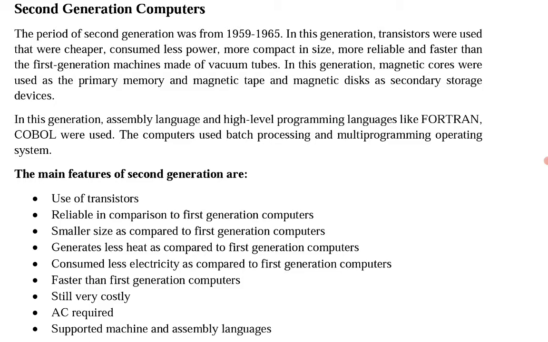In the first generation machine language or binary language is used, whereas in second generation computers assembly languages are used, and other high level programming languages are also introduced, like Fortran and COBOL.